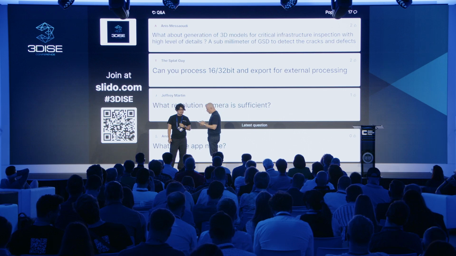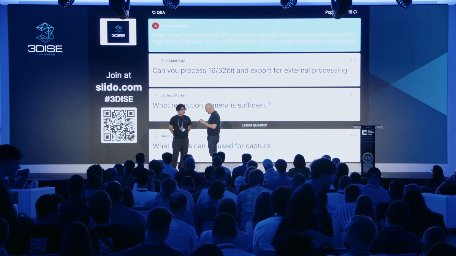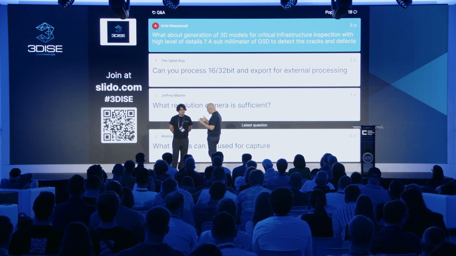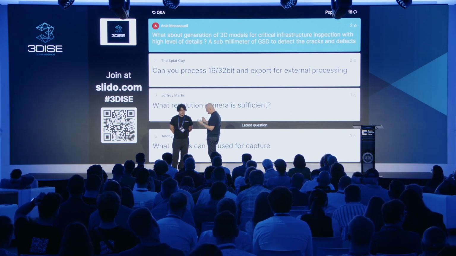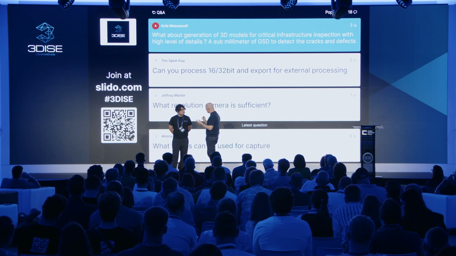Let's tackle 1 or 2 more, and then we're going to wrap it up. We still are good with time. So what about generation of 3D models for critical infrastructure inspection with a high level of detail, a sub-millimeter GSD, to detect cracks and defects?